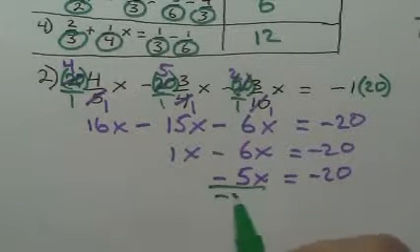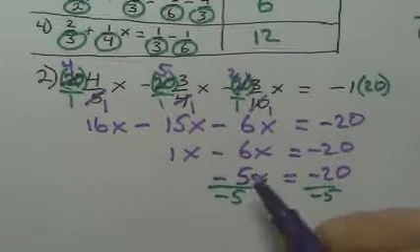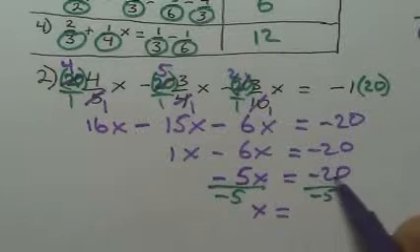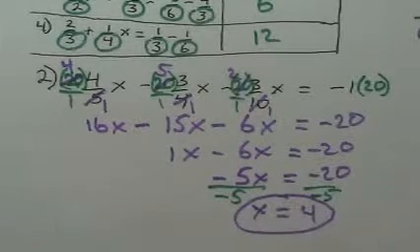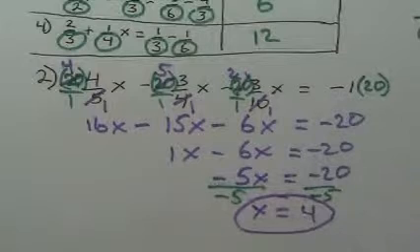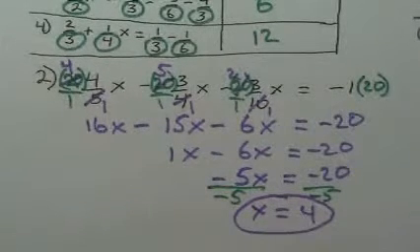I divide by negative 5. 5 goes into 20 4 times. The answer is 4. Again, notice how I try to keep my equals lined up as much as possible. Here I combine like terms, divided by negative 5.